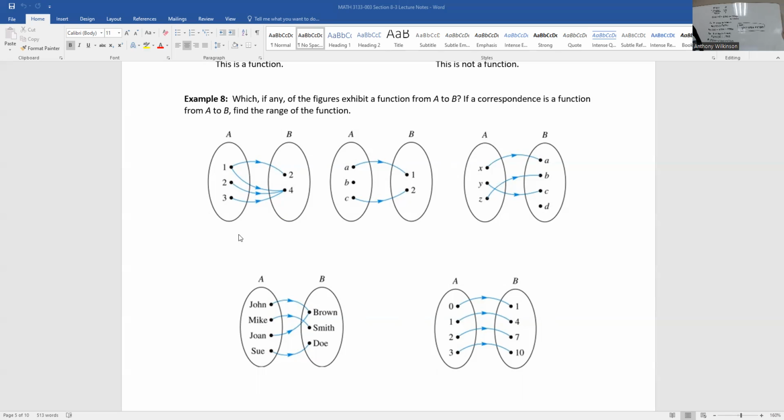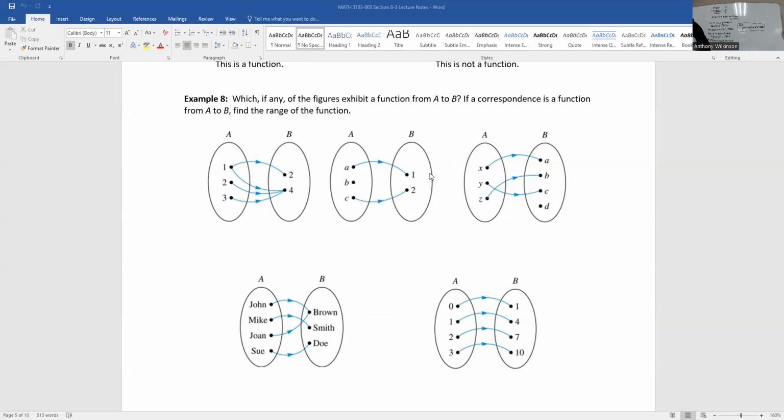And what would be the reason for that? Well, let's look at this. Here, the 1 is going to two different values in B. 1 is going to 2 and 1 is going to 4. That's why it would not be a function. Okay, take a look at this one.